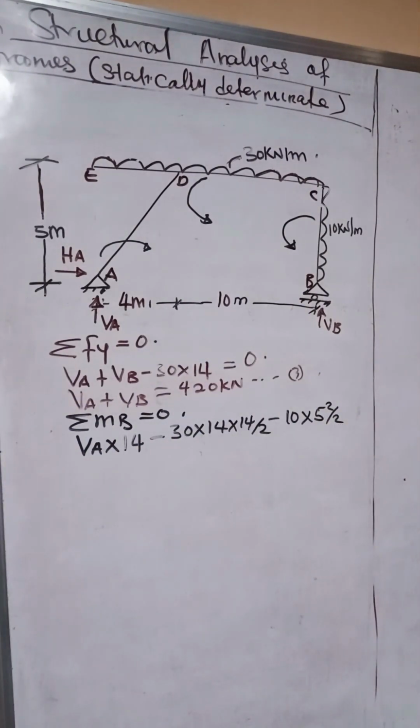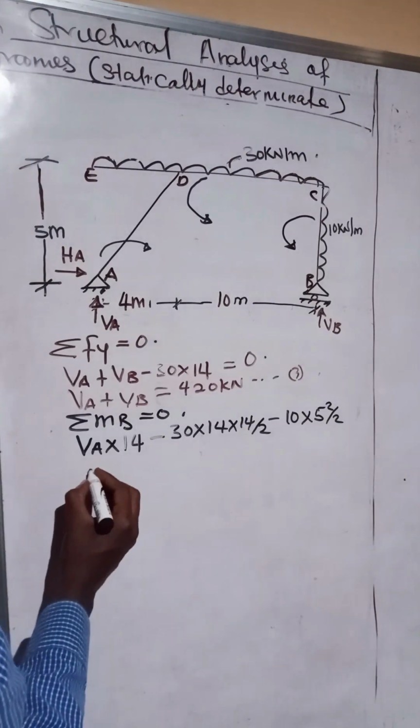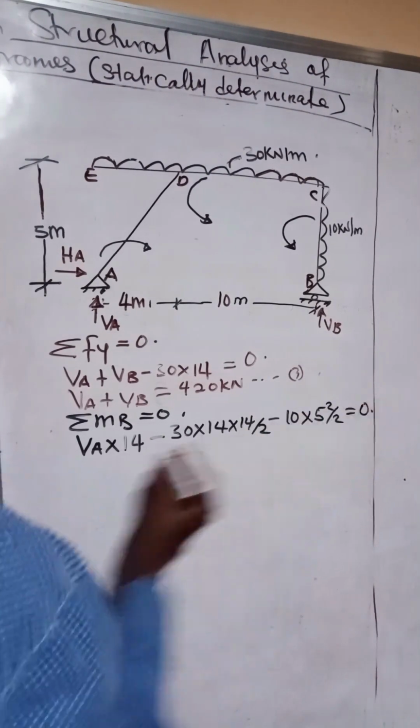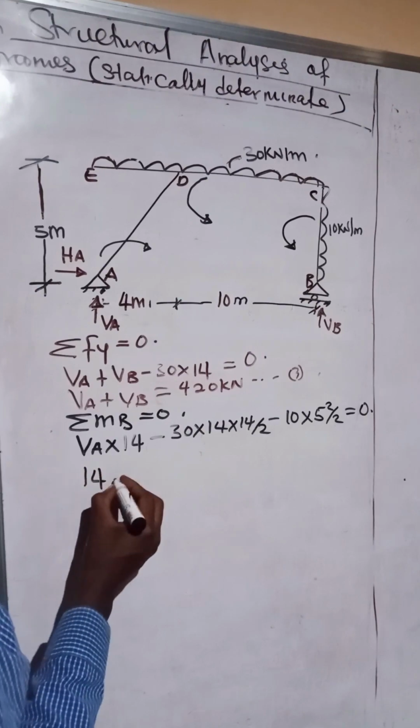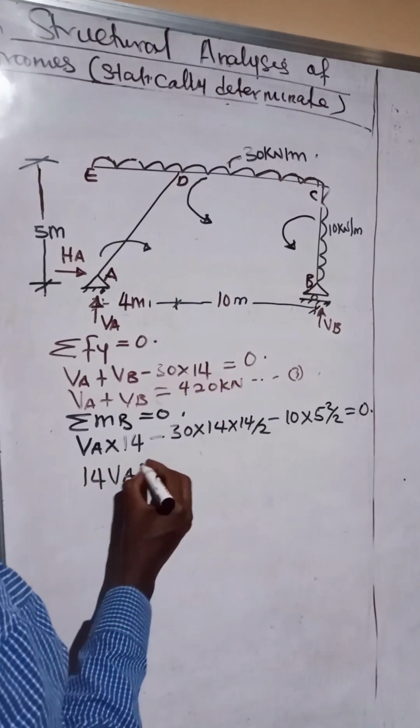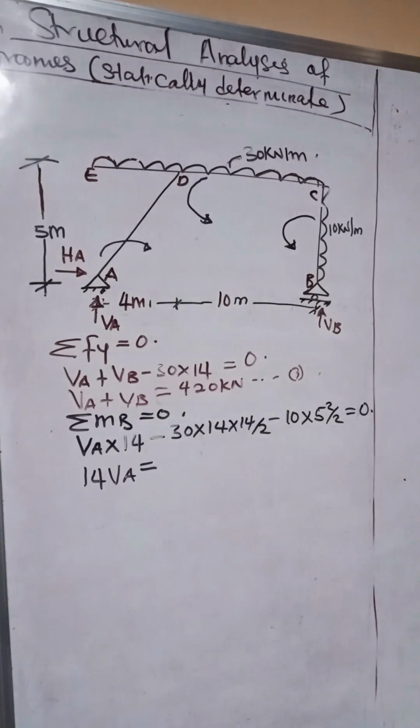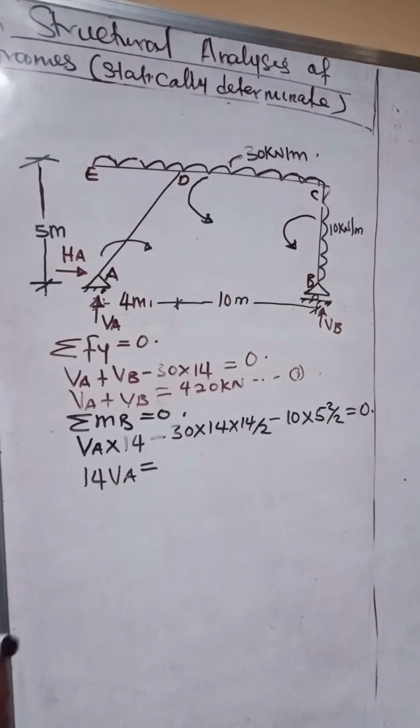So we'll now have the sum of moments equal to what? Equal to 0. So we now have 14 VA is equal to, let's work it out. This is 7. Let's see what we're going to have. So when we work this, all right, so we have 30 times 14 times 14 times 0.5.